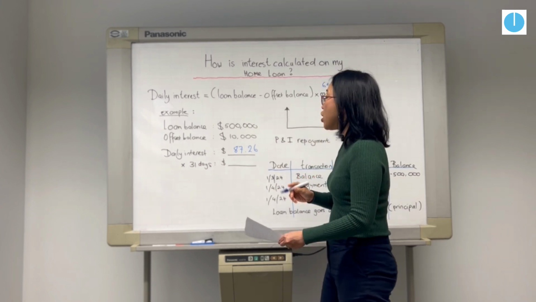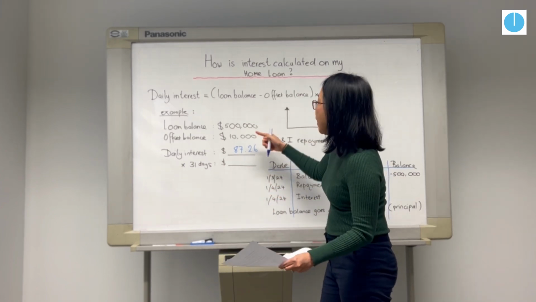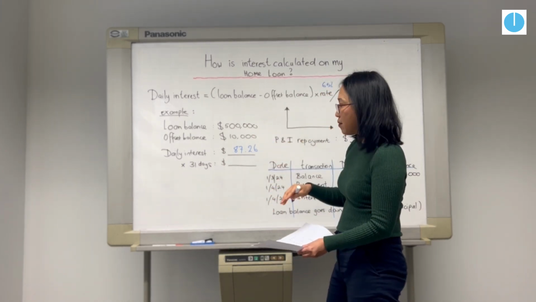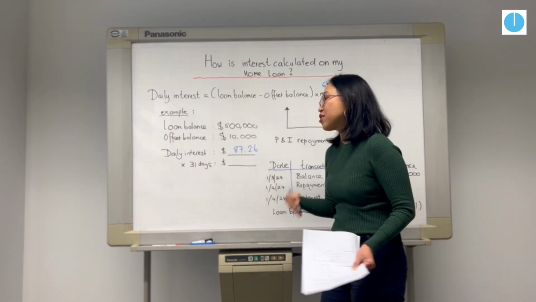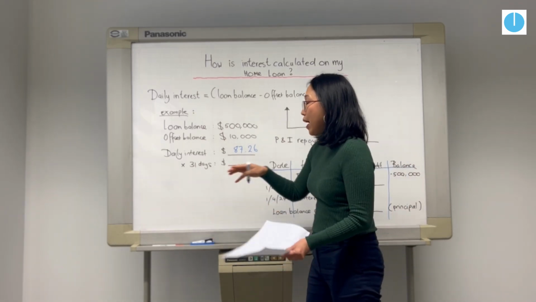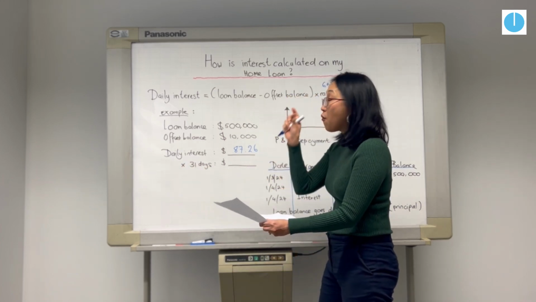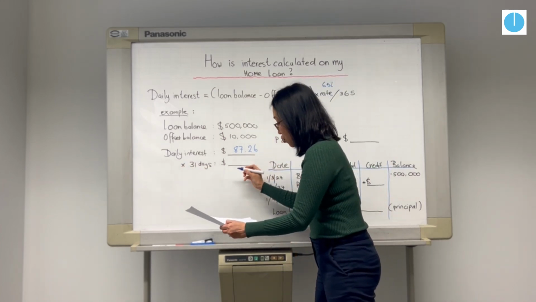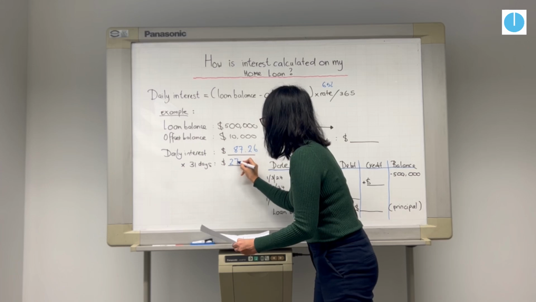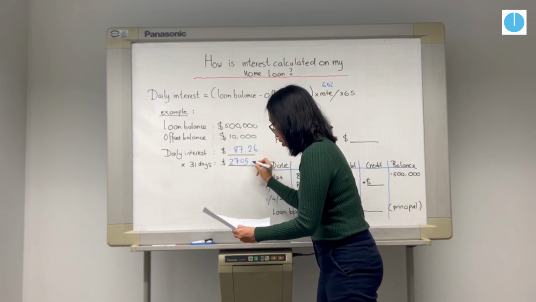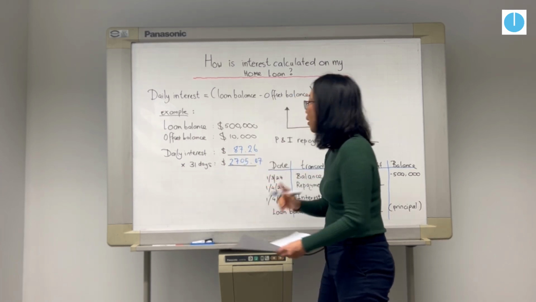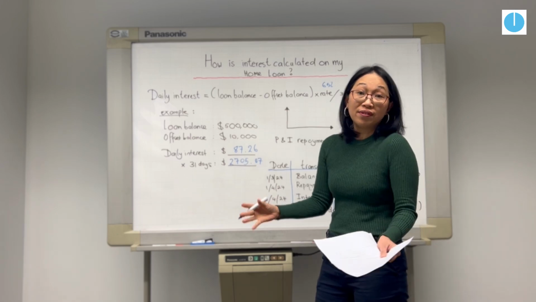So in this example, the daily interest is 87.26. Obviously every day your loan balance could be different, but just for this example's sake, if that month has 31 days, times 31 days, for that whole month the interest will be 2705.07. Remember, each month has a different number of days.